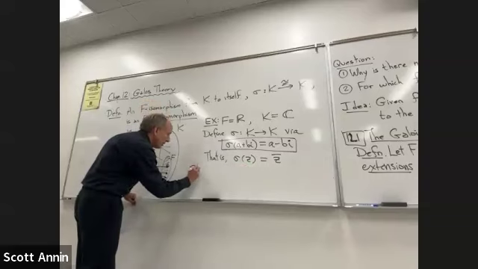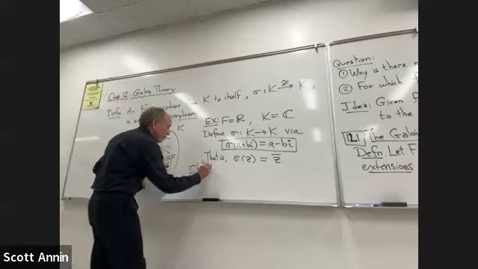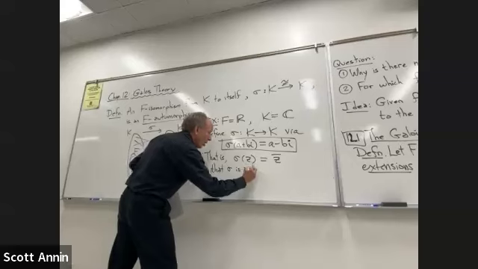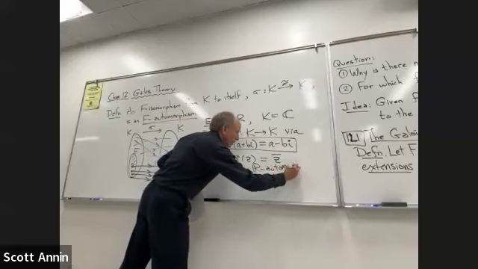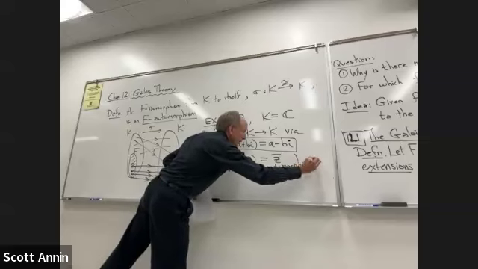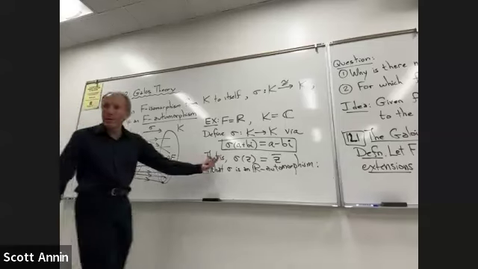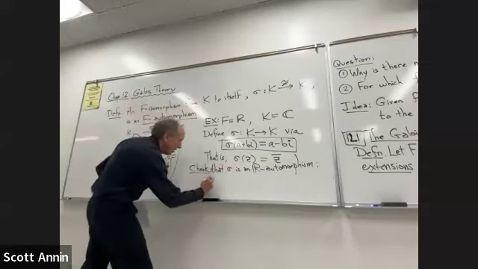So we could easily check them, but it's easier to check that sigma is an R automorphism. It's just so easy to do it if I use the more compressed notation.